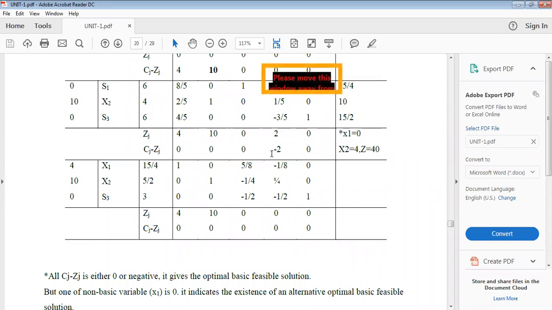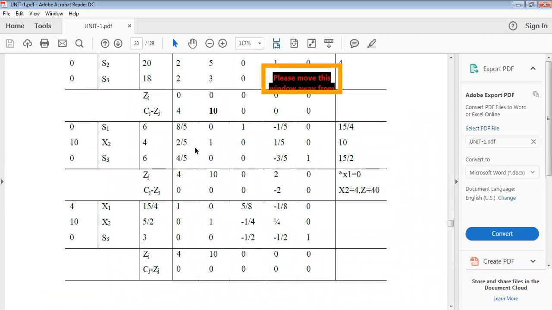And in this particular fashion, he has taken this first column and converted this into the next problem. So this is 8 by 5, 2 by 5, and 4 by 5. So this is a unit matrix, and again you have seen that it has come as a unit matrix. For that particular purpose, he has gone for the ratios.